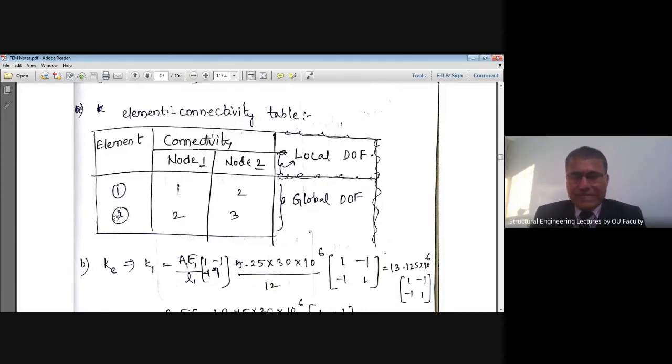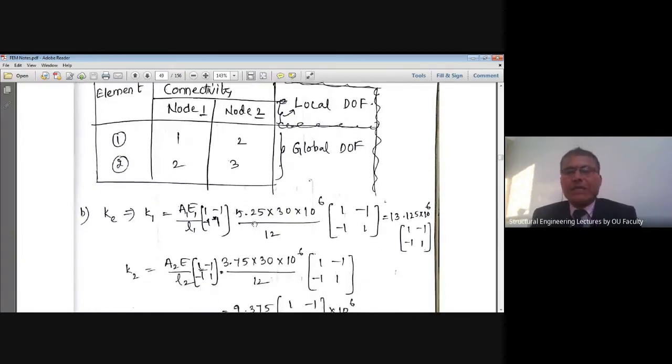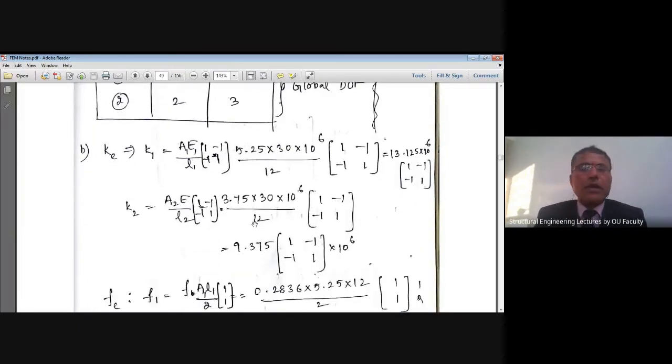And the second element is connected with the second and third global degrees of freedom as local degrees of freedom 1 and 2 respectively. Hence, the element connectivity table will establish a relation between the local and global correspondence, students, right? Local and global degrees of freedom.